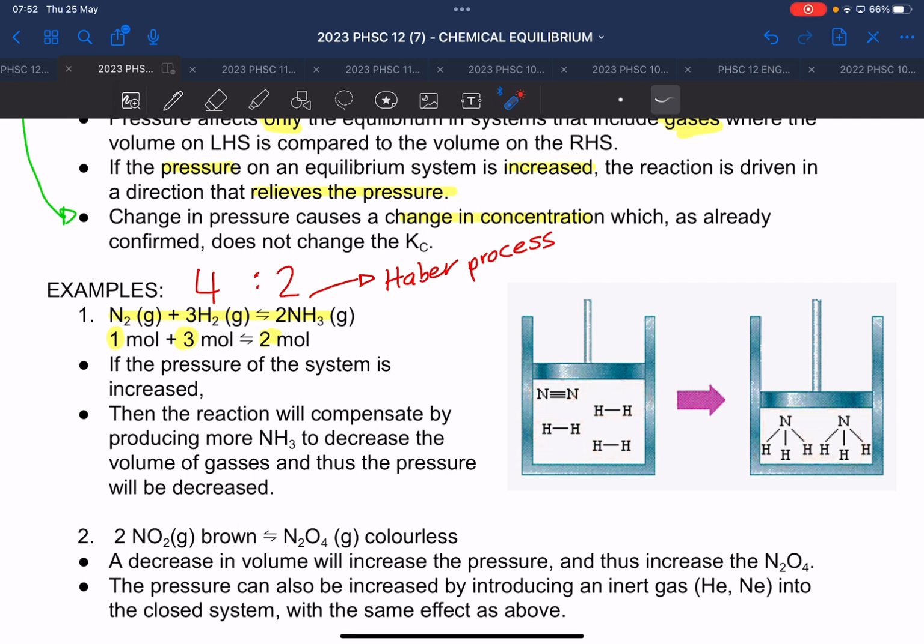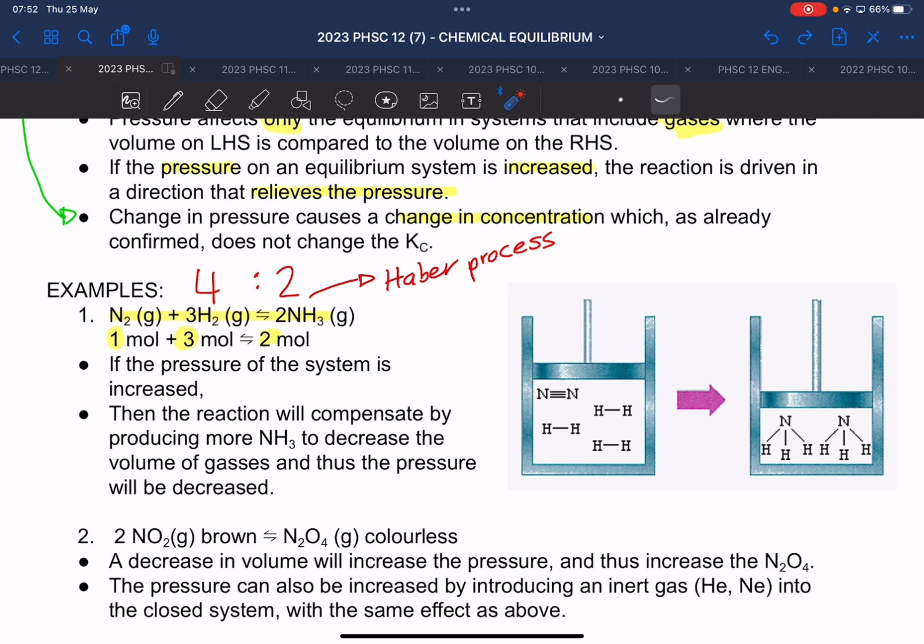Even though these molecules look bigger when you draw them, they are still very small. And gases actually take up space due to their movement. The more they move, the more they collide. That's what actually gives it space.